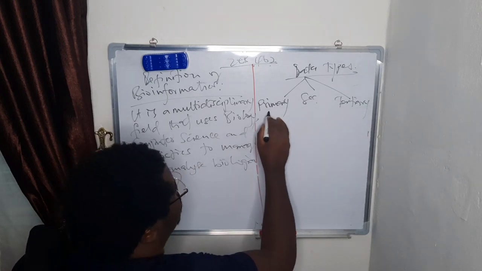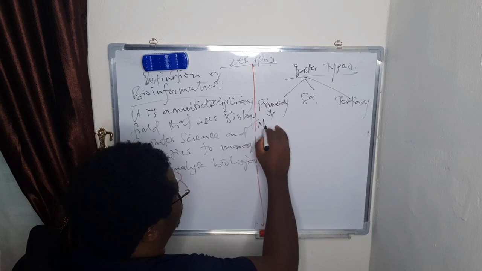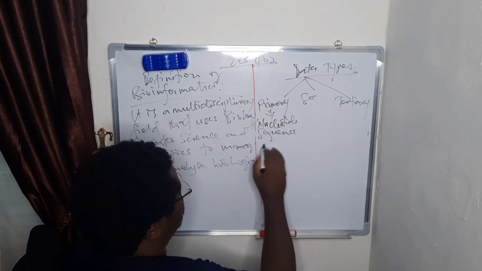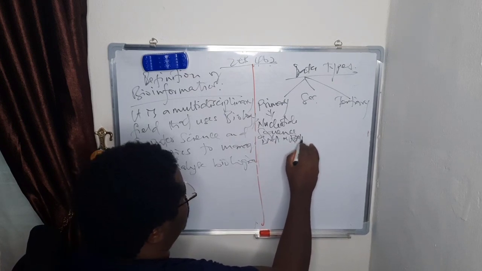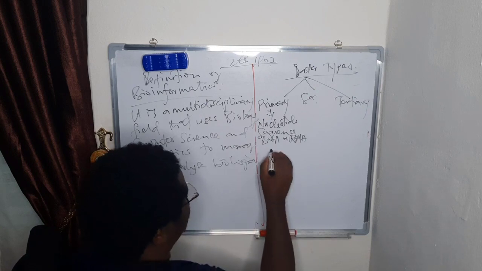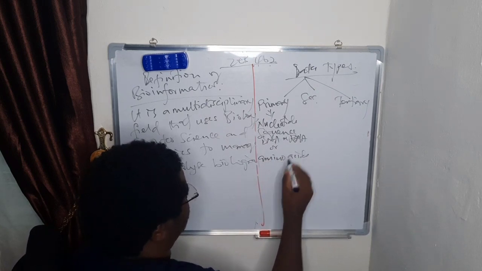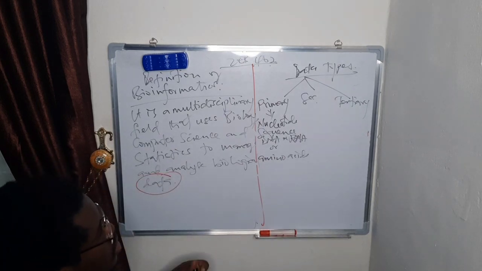Under primary data, like I said, we have the nucleotide sequence, which is DNA or RNA, or the amino acids. You know, the amino acids: valine, leucine, isoleucine, the rest of them.